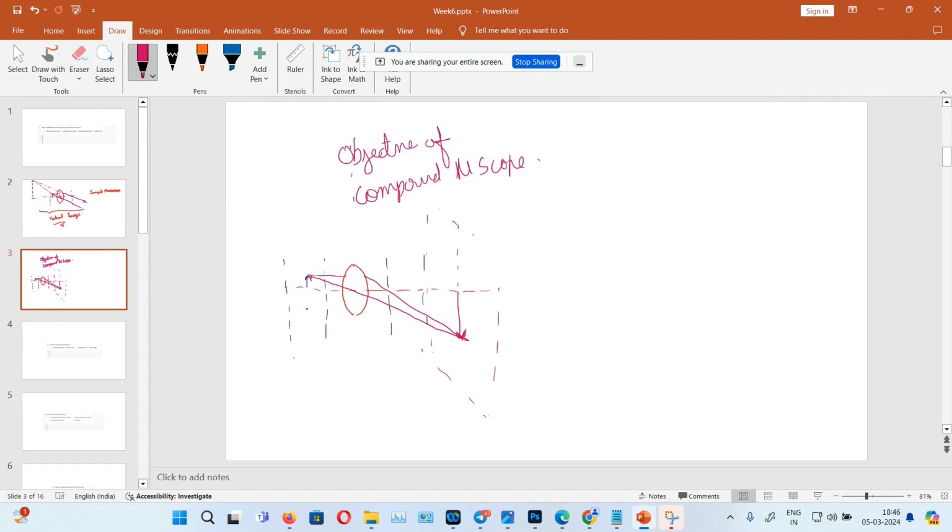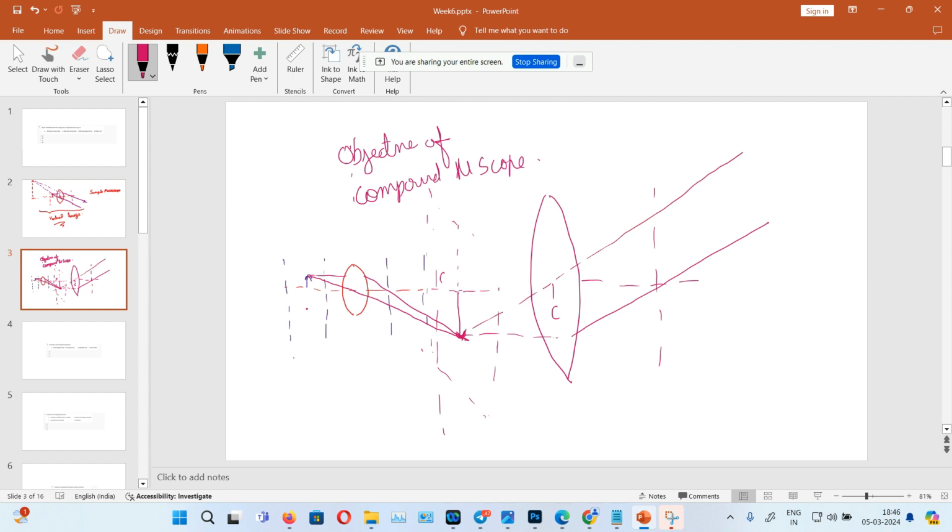But what we will do is put another lens here, such that the object for this lens is between 2F and the focus. If you consider that light is coming here, it will pass through the focus of the lens, and the light passing through the optic center will go this way.